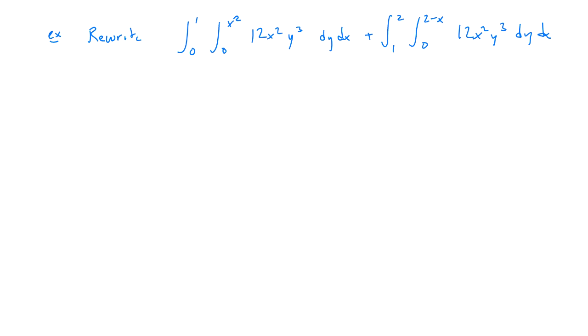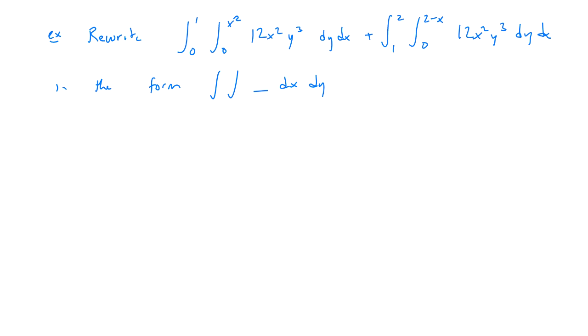But let's suppose I give you something like this. I can now ask you to rewrite this in the form dx dy. In some ways, kind of middle of the last one, which is given the limits, you should be able to draw the picture, and then given the picture, you should be able to write it the other order.